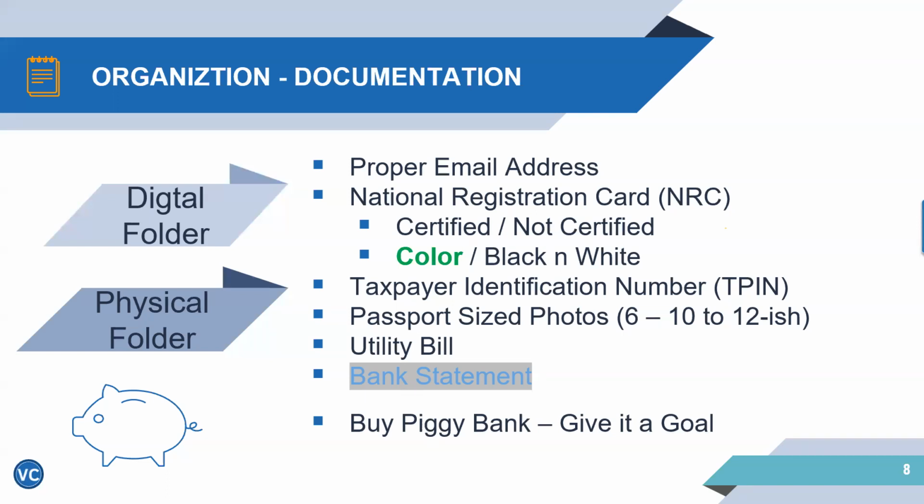Then the second document you're going to prepare is your tipping certificate, and you're going to retrieve this from ZRA. If you don't have your tipping certificate, you're going to go to ZRA and physically ask for it to be sent to your email. They can do that. Then you're going to store it in your relevant folder. Then you're also going to have passport size photos, both in your digital folder and in your physical folder.